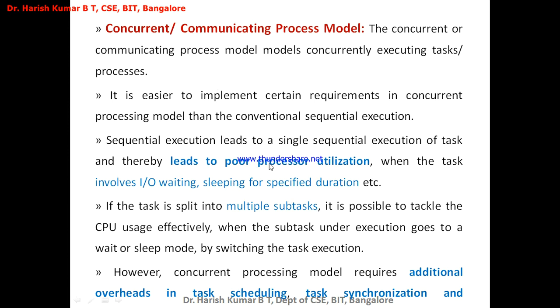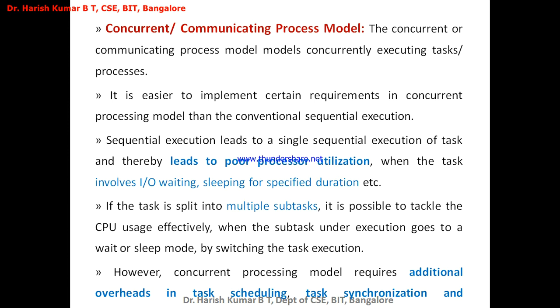Why? Because it leads to poor processor utilization. Now, why poor processor utilization? Because if some process is executing sequentially, and that process wants to perform some IO waiting or sleep for a specified duration, it is not possible for the processor to just go and execute another ready program, because it is sequential.